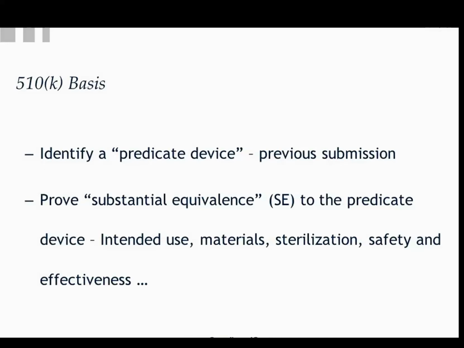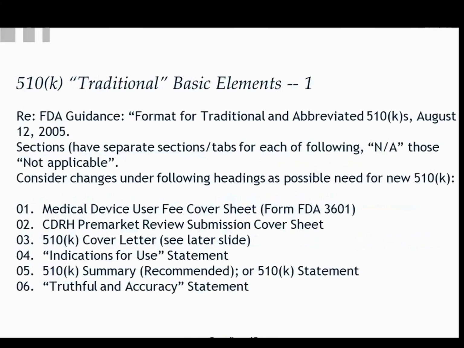But again, what does the word significant mean? Much of it is tied to significant risk to the patient. So what are the elements when you're looking at possible changes requiring a new 510(k)? Well, you don't care about the medical device user fee. You don't care about the premarket cover sheet.